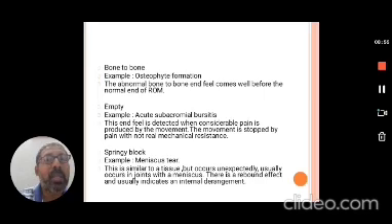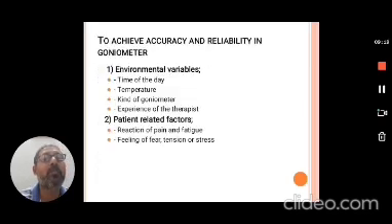And then there is the springy block, where the examiners might feel a kind of restriction at or within the range of motion, caused by a torn or hindering meniscus in derangement syndromes of the knee joint. These are all the abnormal end range of motions, end feels, which an examiner usually feels while performing the range of motion. And these are the factors which determine the reliability of the goniometer.